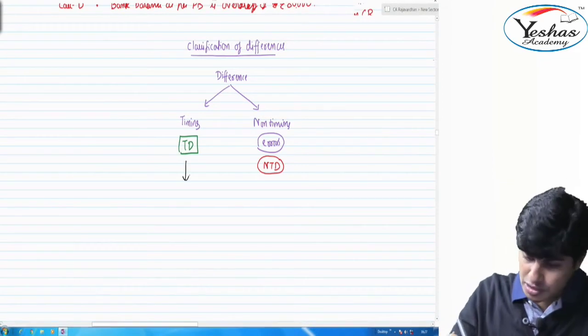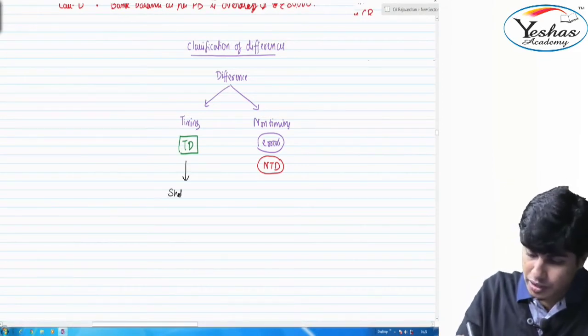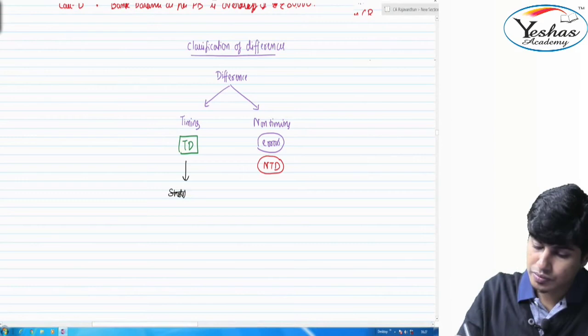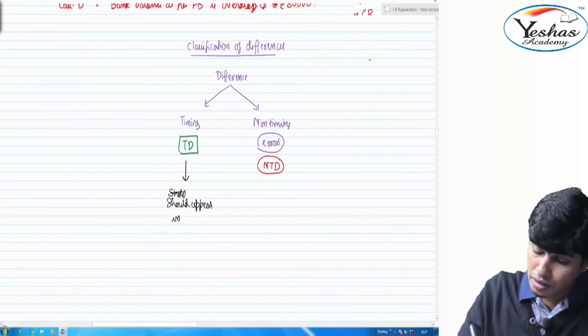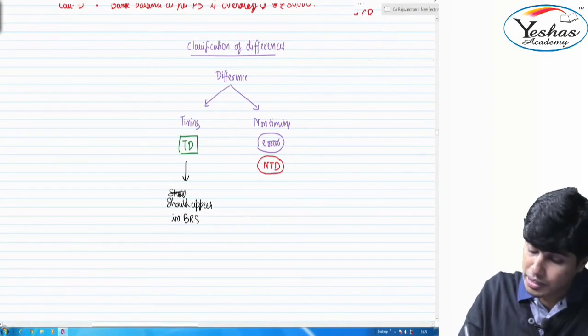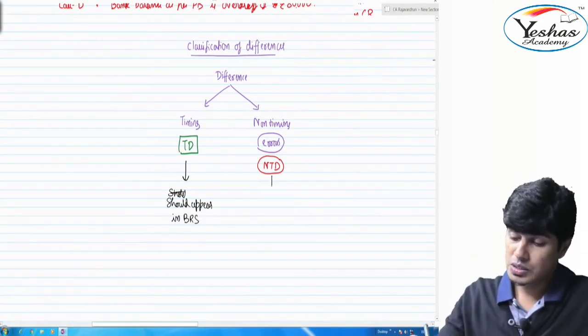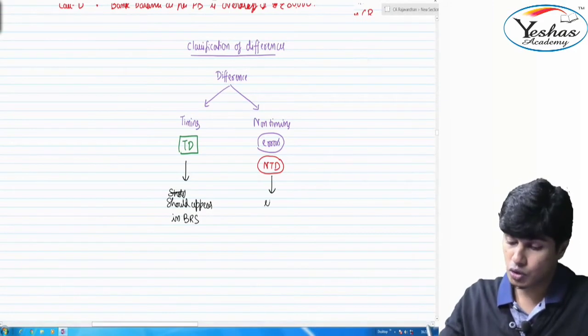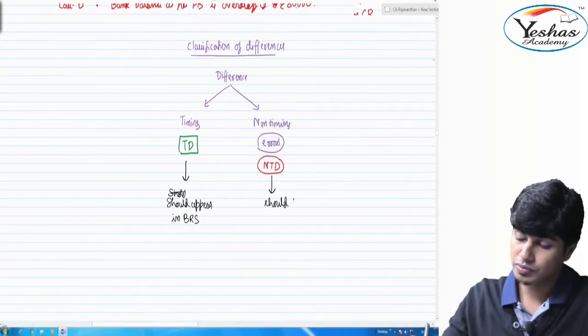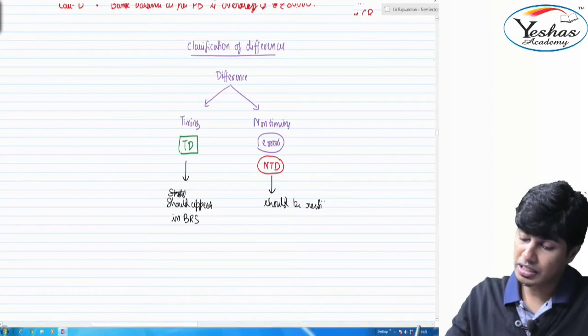Timing differences should continue to appear in the bank reconciliation statement forever. Whereas whenever there are non-timing differences, they are errors and should be rectified.